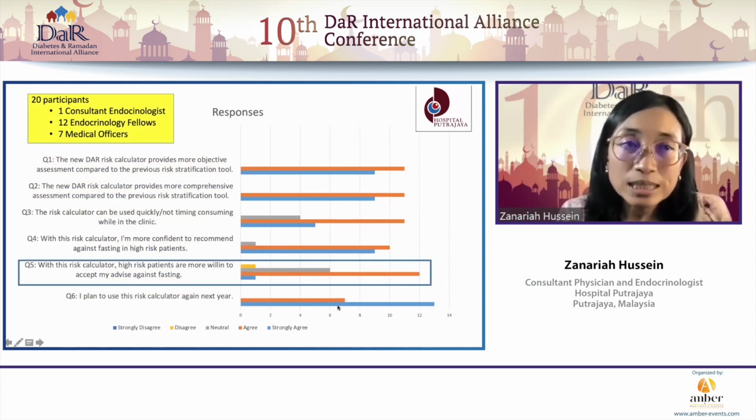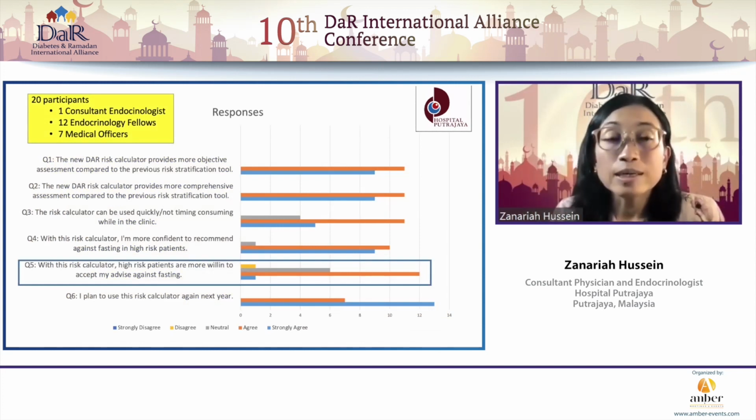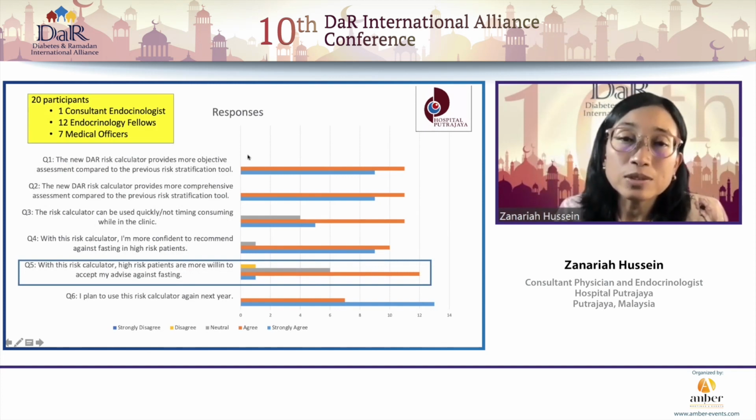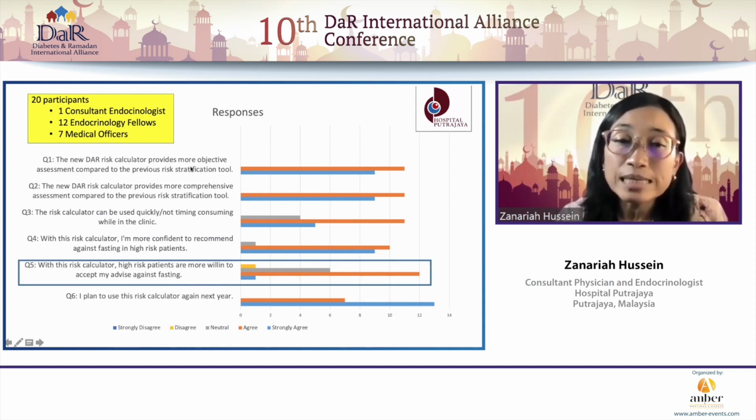So these 20 individual healthcare professionals used the risk score and were asked the user acceptance survey, and you can see quite clearly and broadly that most agree and strongly agree that this new risk tool was more objective compared to the previous, and comprehensive, was easy and not really time consuming.